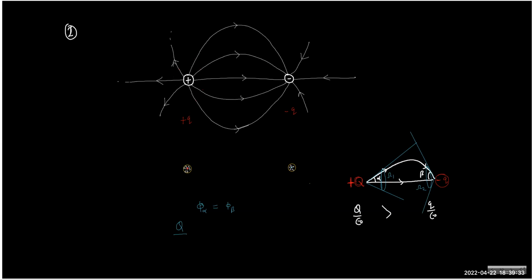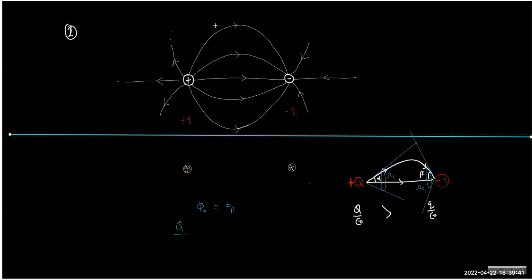So we can derive a very nice formula. Now we can say the flux, the better way of writing will be: the flux through omega 1 must be the same as the flux through omega 2.